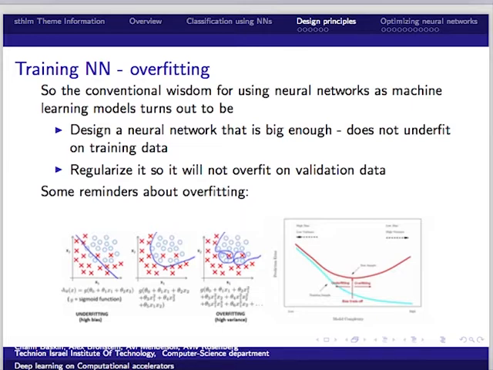So that is when overfitting happens, and then underfitting. What do you think underfitting is? Yes, underfitting is when you don't have enough parameters to define your task.